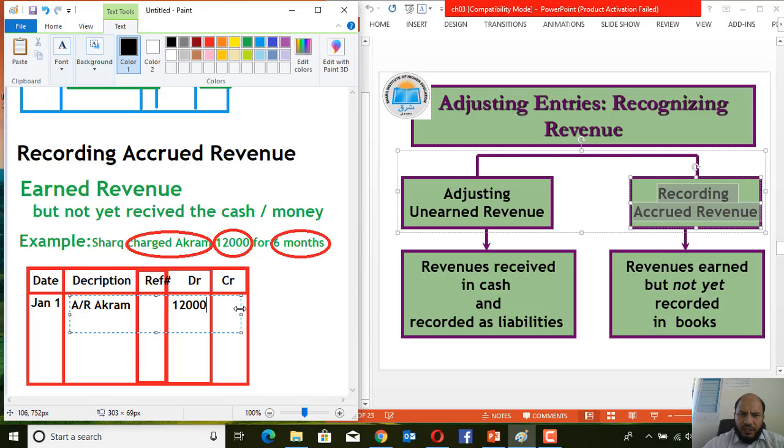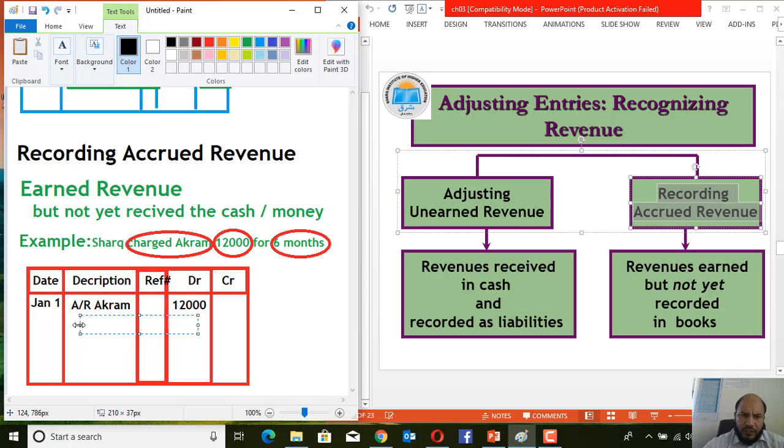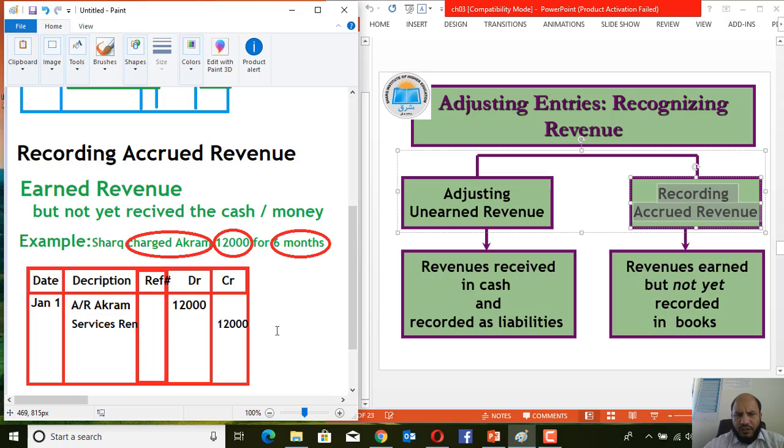And in response, what we have done is we have rendered services to Akram. Services rendered. So we have provided services to Akram, and these services were on credit. So this is the record for the services rendered.